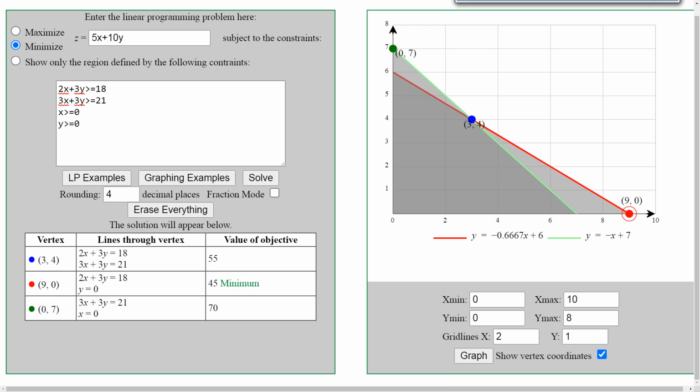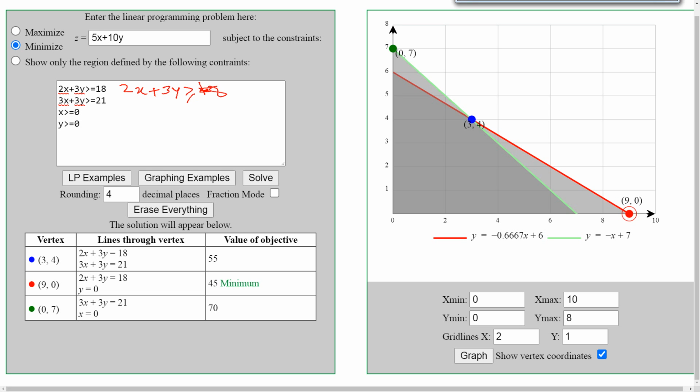So let us first see how to determine the common feasible region for this. 2x plus 3y is greater equal to 18. We are going to check the linear constraint for the origin.